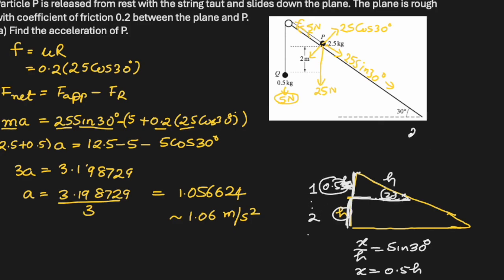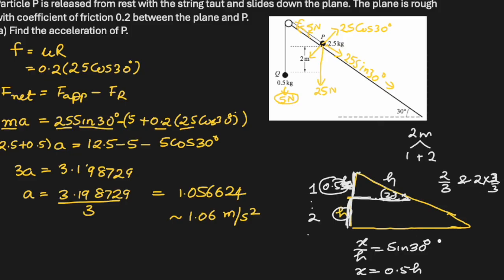So 2 meters we have to divide into ratio 1:2. I hope you understand how to do this. We just add them. So there are 3 parts of 2, right? So the first one gets 2/3 and the second one gets 2 times 2/3.